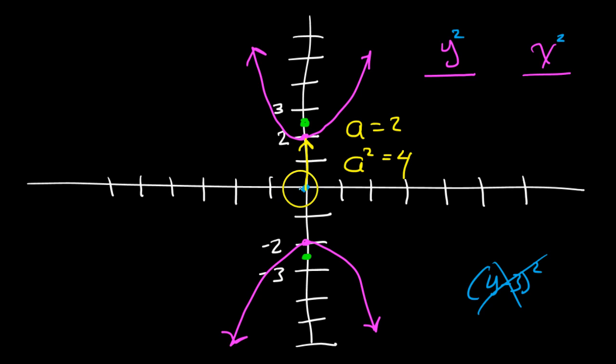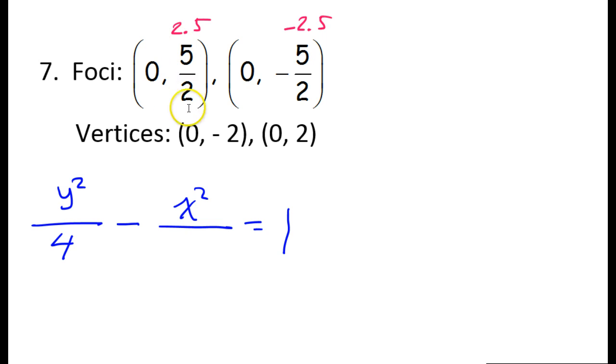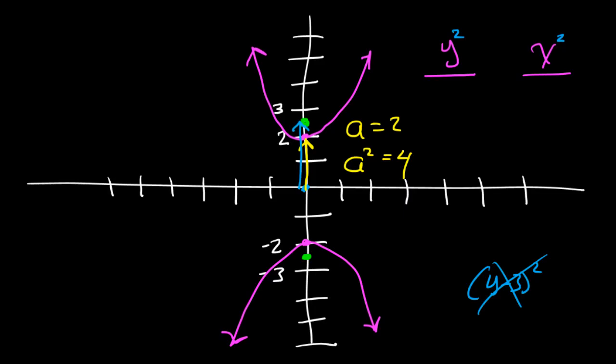But what I can find is c, and therefore c squared, because c is the distance from the center to a focus. And remember, this distance is 5 over 2. So that tells me that c is 5/2. That means that c squared is 25/4. I just squared both of these.